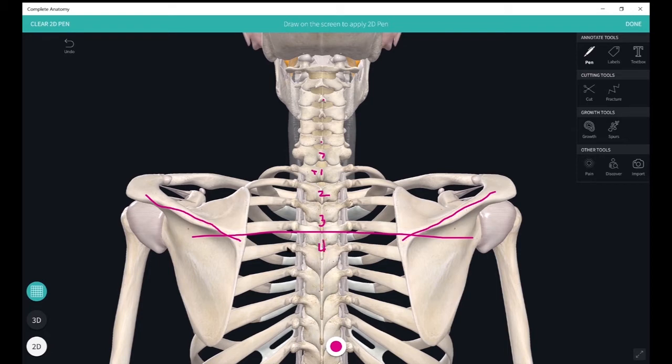Generally speaking, we'll call it T4. So that is the location. Now the spinous process sits much further inferiorly than the vertebral body itself, but for our point, the root of the spine of the scapula will represent T4.